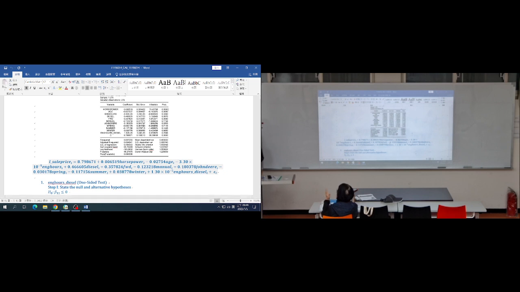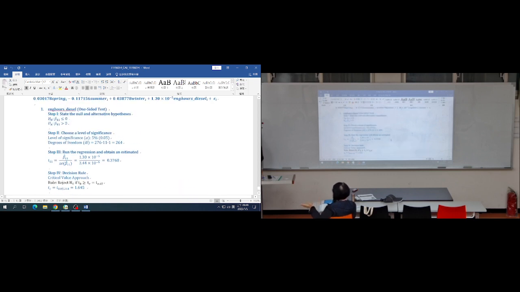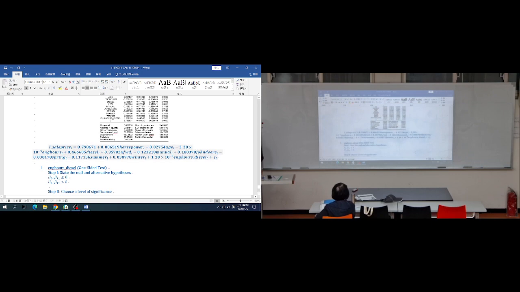You need to know those terms. If you can express the terms correctly, then it looks very professional. So the p-value is greater than the significance level.